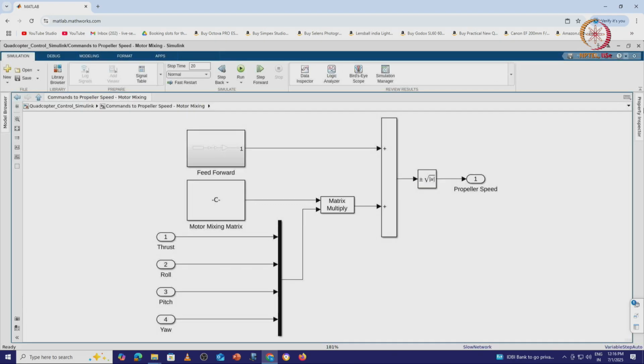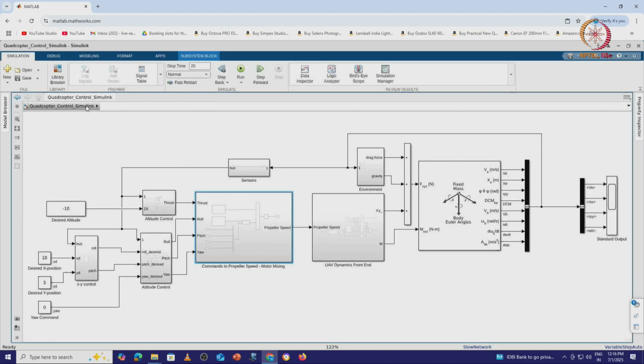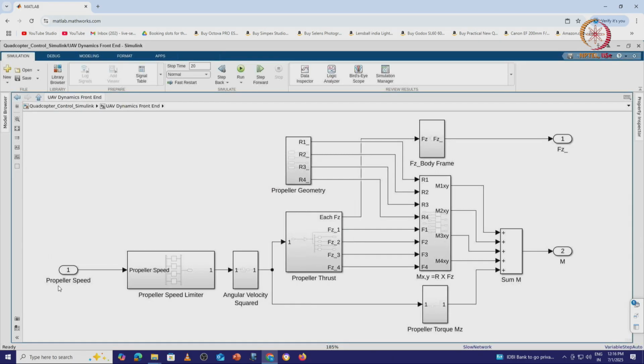The propeller speed is used to get back to this relationship. If you look at this, I am taking a propeller speed and passing it through a speed limiter, basically looking at the limits on the speed, whether the propeller can run at this particular speed or not.